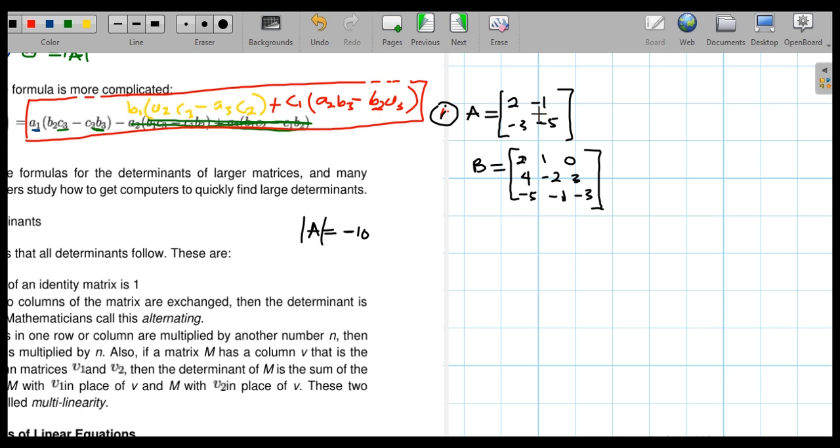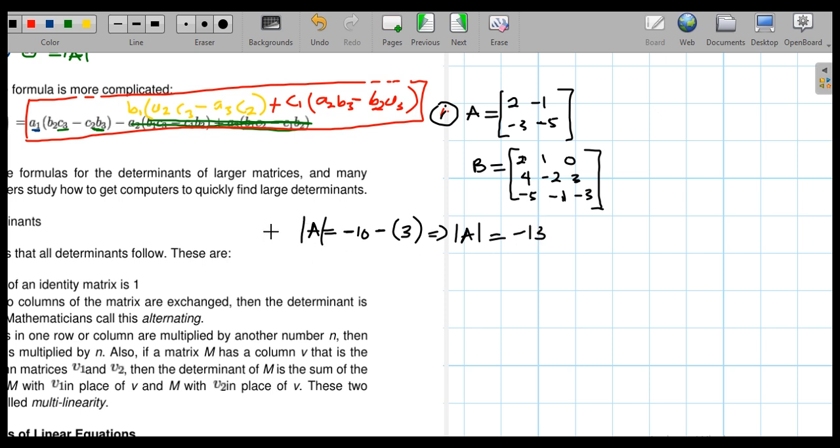Then minus minus 3 times minus 1, which is plus 3? Careful: this gives minus 3. So the determinant of A is equal to minus 10 minus 3, which is minus 13.